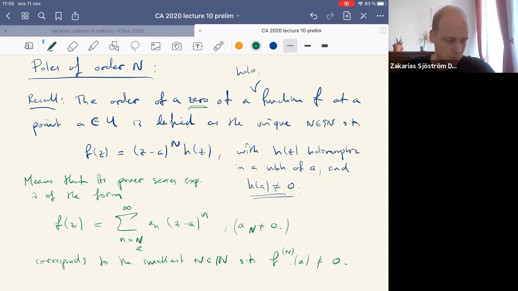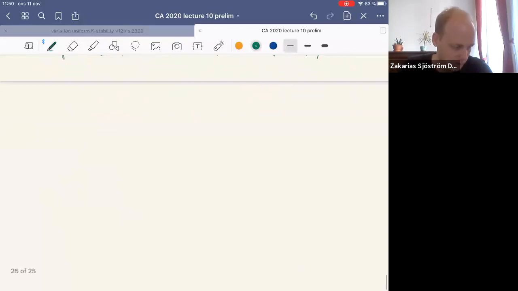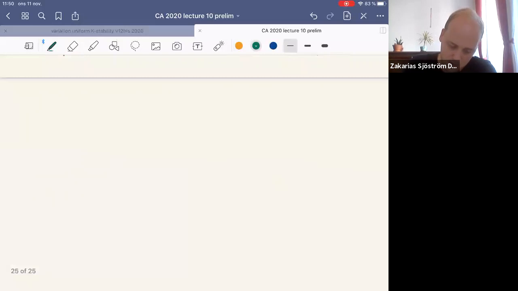Now, what is the order of a pole? So first, suppose that f, so we are in this situation when we're talking about poles, where something special is going on at this point a, but it's holomorphic outside.